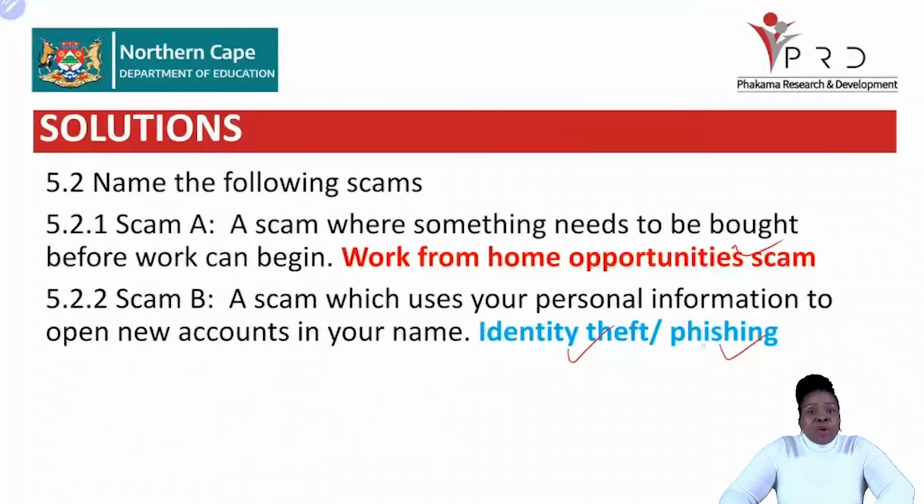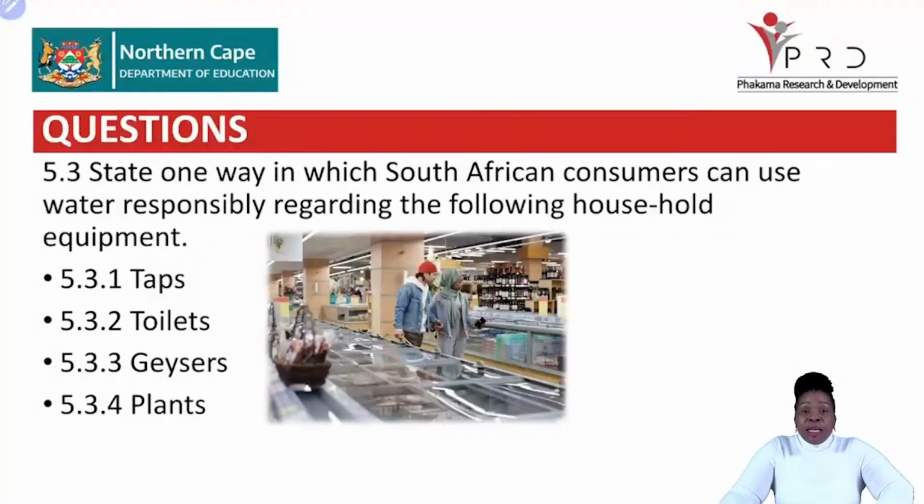The banks always warn us that they will never send us emails so that we can update our personal details. So it's called identity theft, or sometimes we call it phishing. Let's go on to the next question.